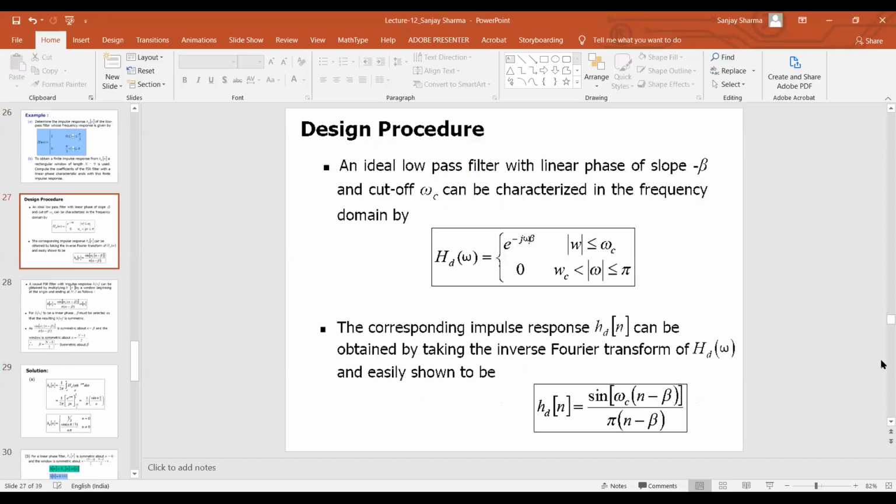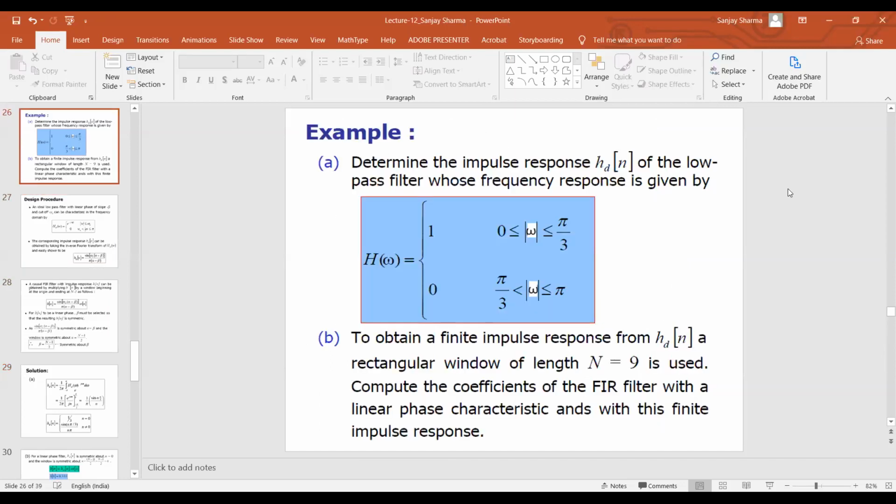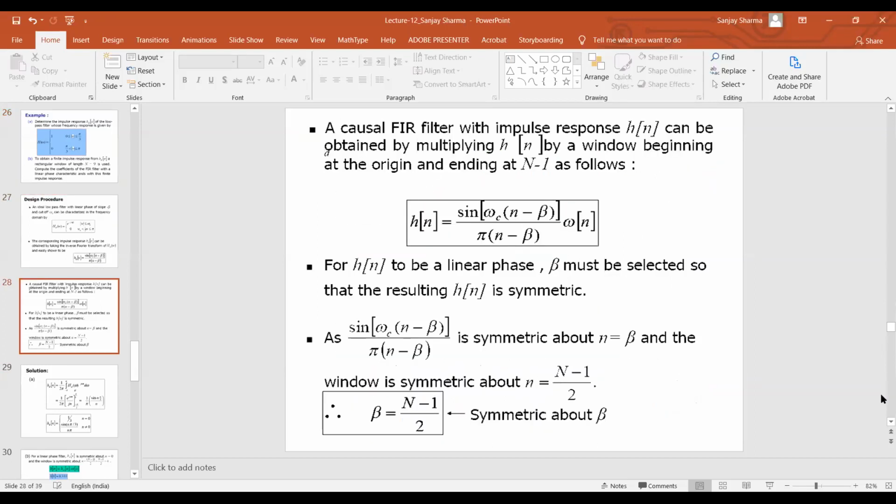So let us take the inverse Fourier transform. This is the inverse Fourier transform formula. HD omega is 1 from 0 to pi by 3, or minus pi by 3 to pi by 3 if you consider the negative side also, because the function has a mod, so you have to consider minus pi by 3 to pi by 3.